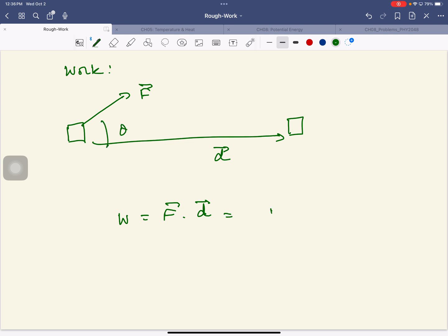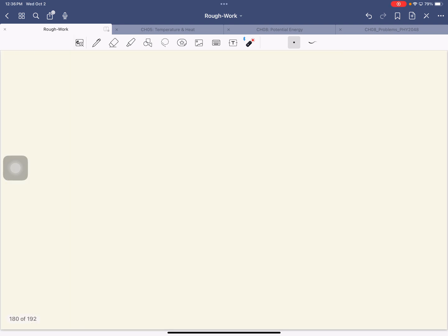Okay, so it was F d cosine theta. We learned this last time, and then we generalized this to the case where the object is still moving in a straight line, but we let the force change. When the force varied, here's how you calculated the work done.